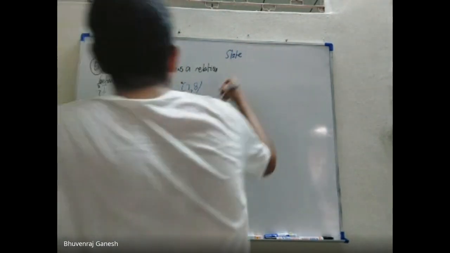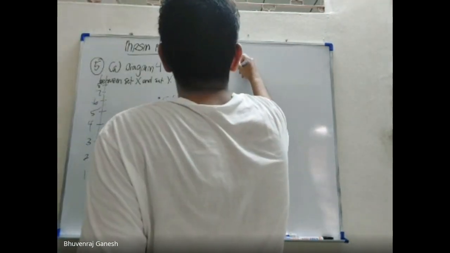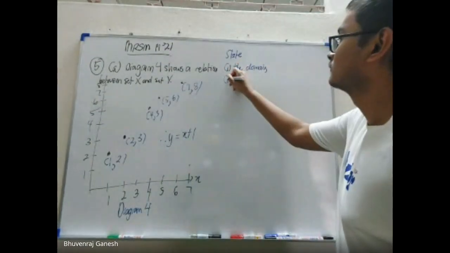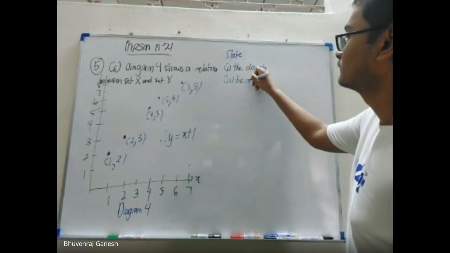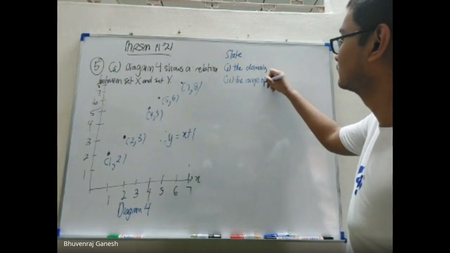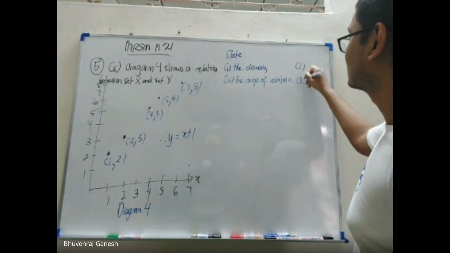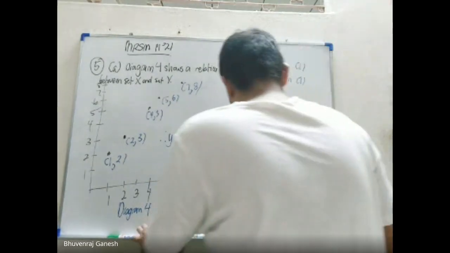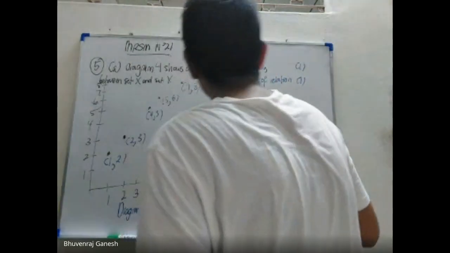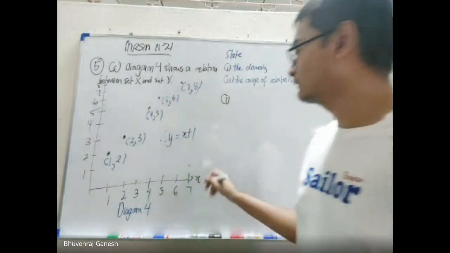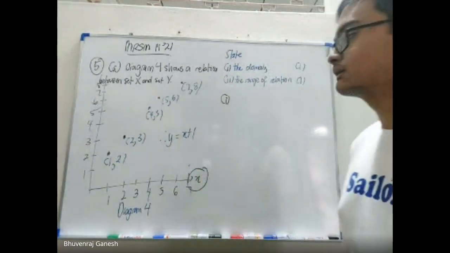They ask to state only. So that's the keyword here. The first one, they ask to state the domain. And the second one, the range of the relation. Each one carries 1 mark only. So for the first part, they ask to state the domain. The domain is going to be whatever is on your x-axis, as we learned previously.